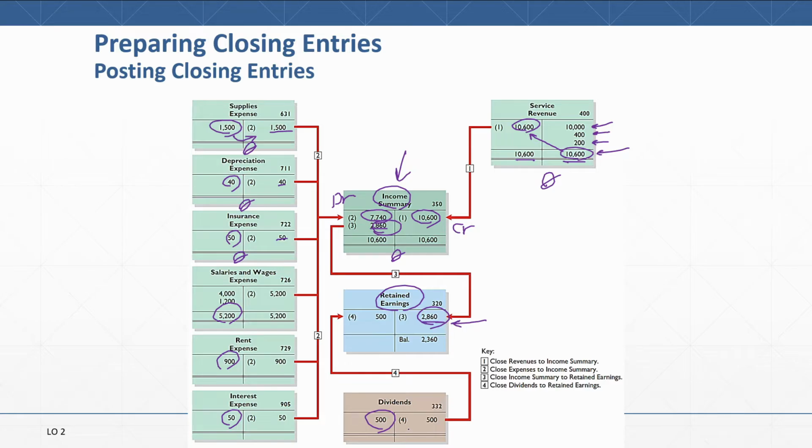To close the dividend account, we put the same amount under the opposite side. Dividends balance is 0 now, and the second account is retained earnings. Dividends will be closed directly to retained earnings. Dividends do not use income summary account.